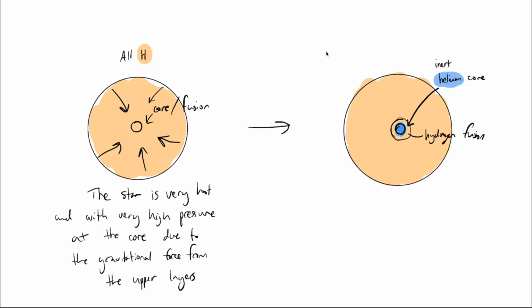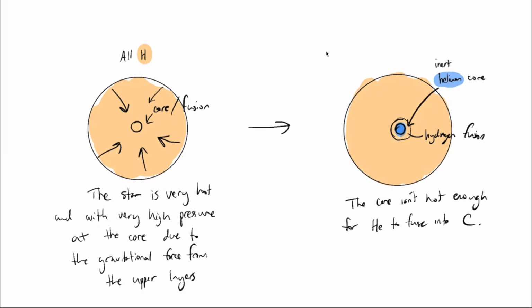So what's happening here? First of all, why doesn't the helium also just start fusing right then and there into carbon by the triple alpha process? Well, the core isn't hot enough for helium to fuse into carbon.